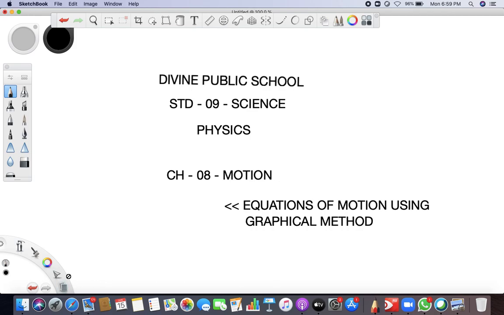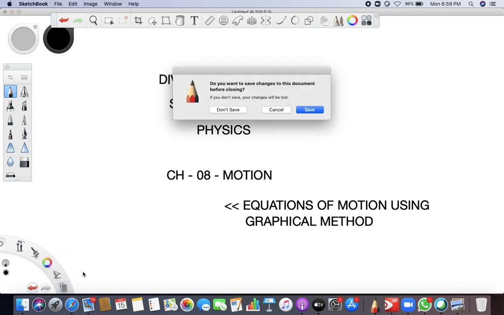Okay. So we will start from the same point where we stopped. Here we are talking about our graph, which is a velocity versus time graph.